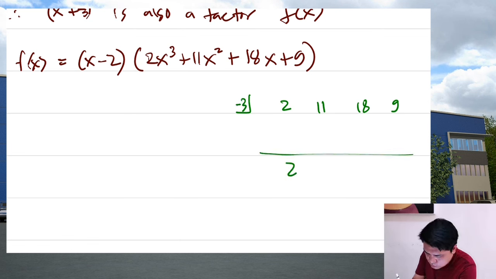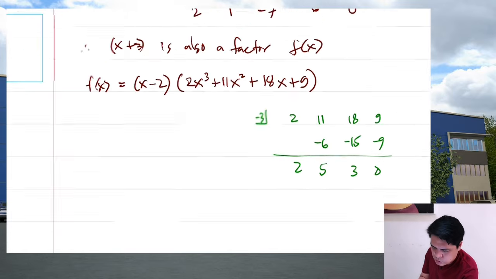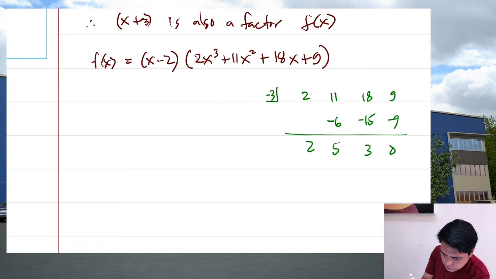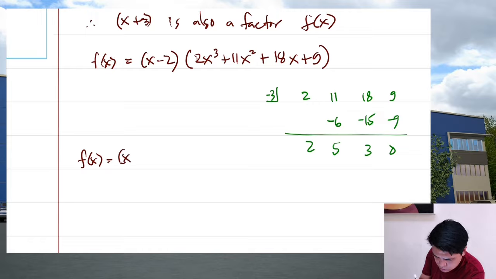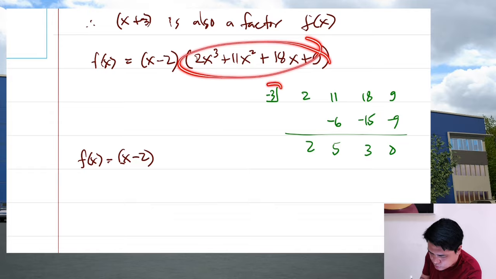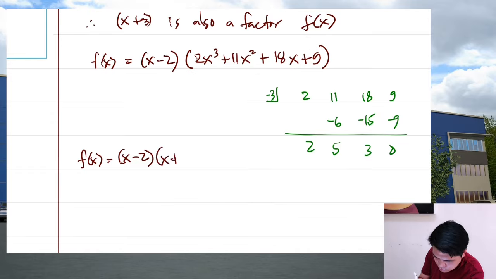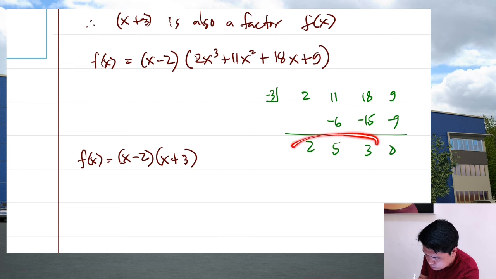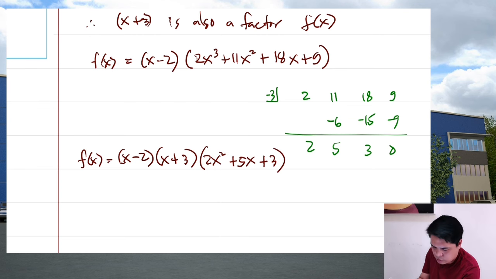Bring this down, negative 6, that would be 5, negative 15, that would be 3, negative 9, 0. So meaning our f of x is equal to x minus 2 times x plus 3 times 2x squared plus 5x plus 3.